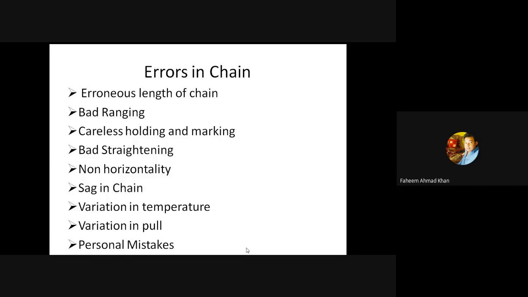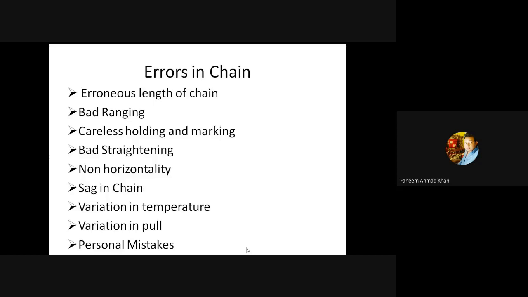So the nature is cumulative and the error is positive. The error is not very serious in ordinary work if only the length is required. But if offsetting is to be done, the error is very serious. In that case, you will have to look into the bad ranging concept.